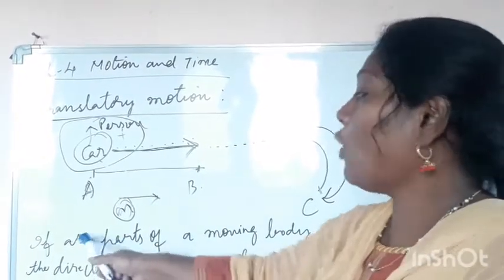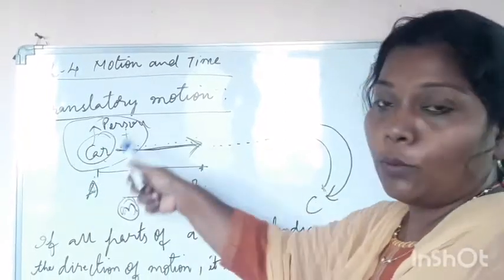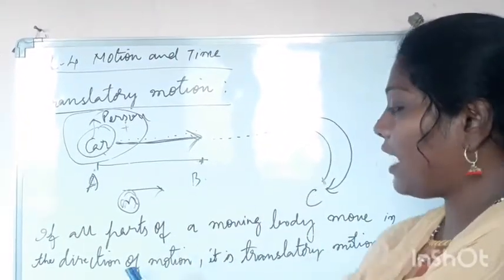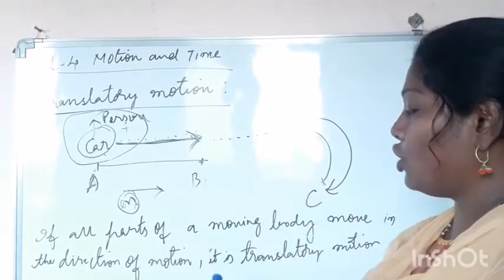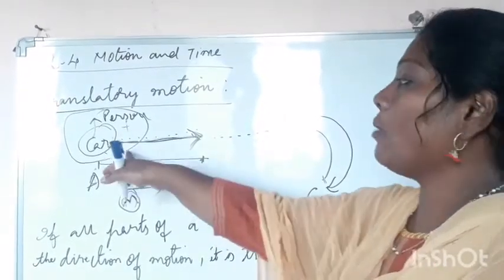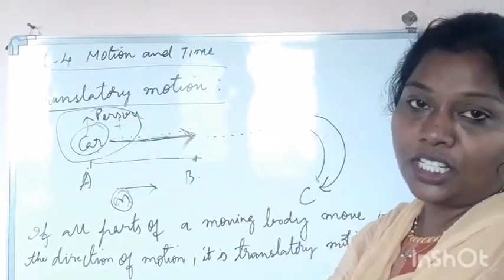So if all parts of a moving body move in the direction of motion, then the object is said to be in translatory motion.